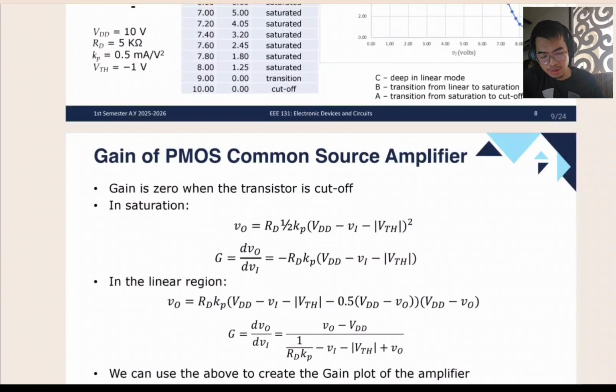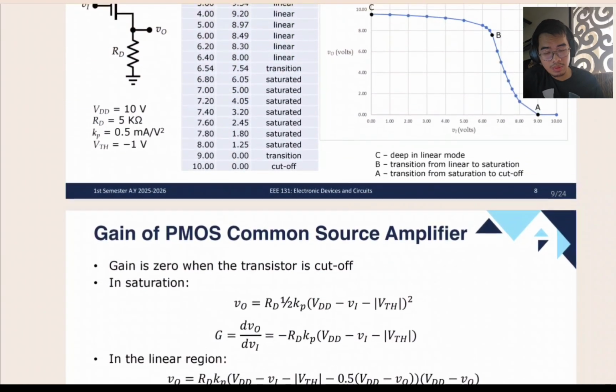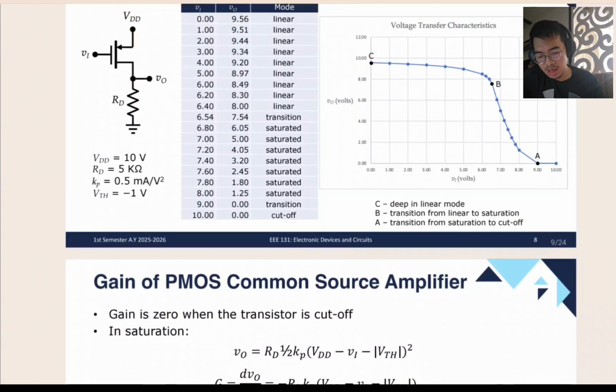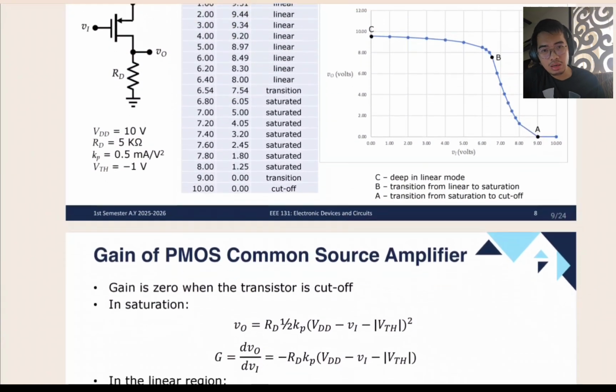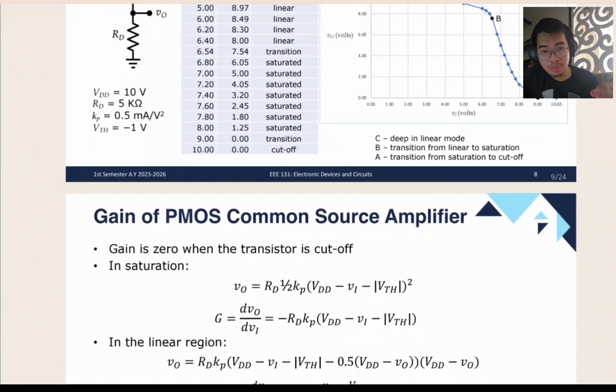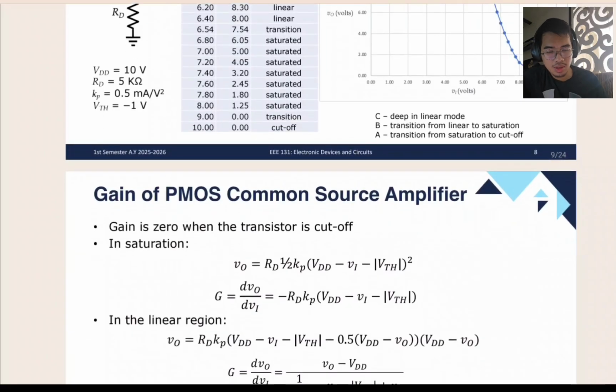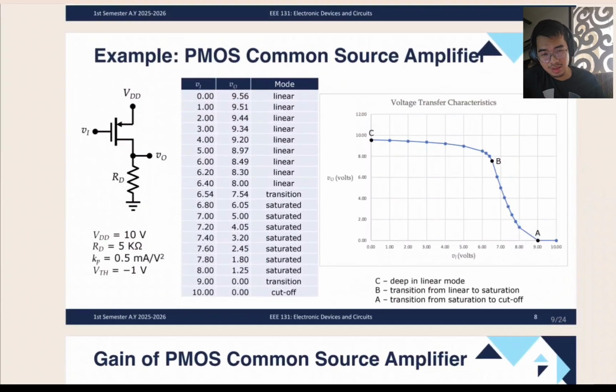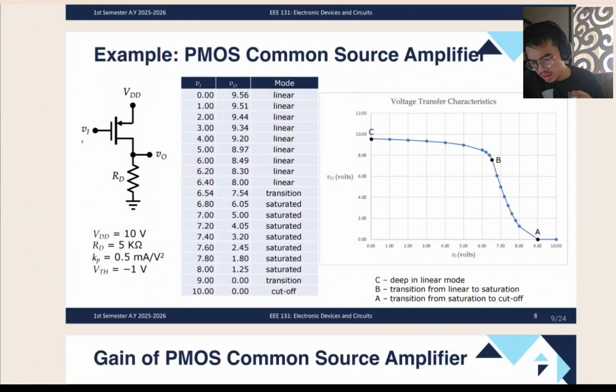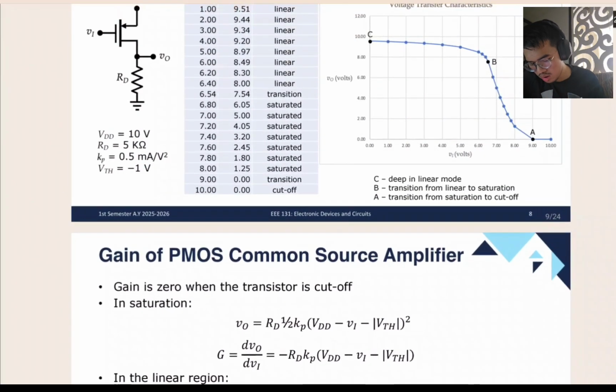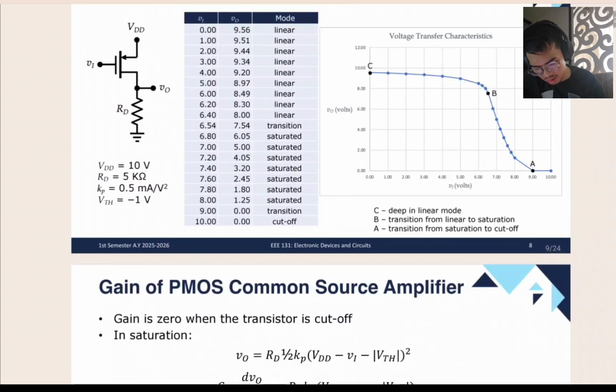For the PMOS common source amplifier, the analysis will be the same. It's just that magbabaliktad lang yung everything in a way that GS becomes now SG and DS will now become SD. Okay, so this is our topology. So you can write our V out.